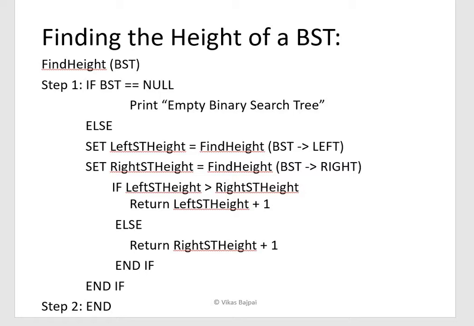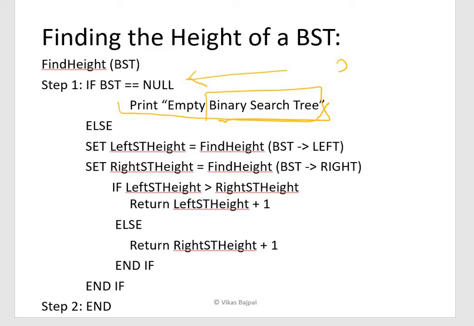In this case what we are doing is, initially I am checking for a condition where I may come across a possibility where my binary search tree does not exist, it's an empty binary search tree, right? Recall a situation where we don't have anything, right? In that case we need to print that it's empty binary search tree.